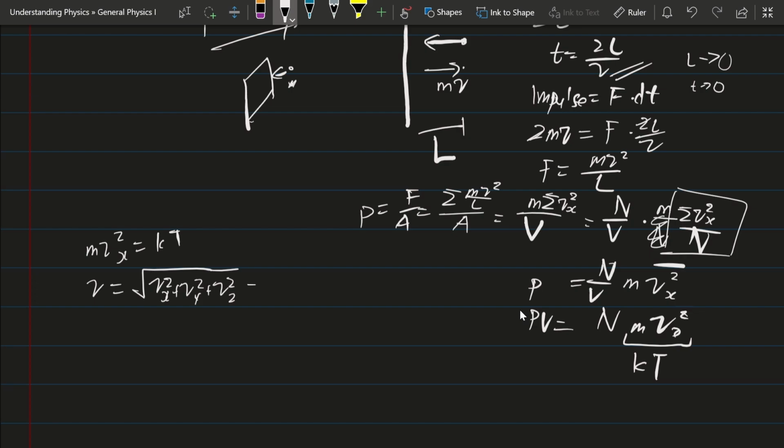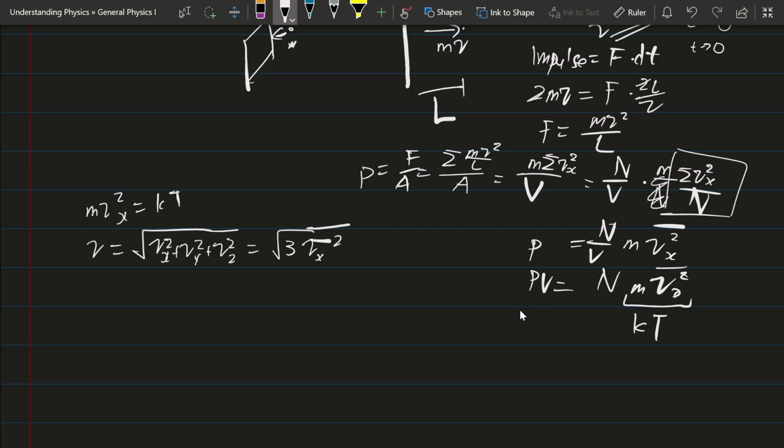So you could just state this to be the square root of 3 Vx bar squared. So that's interesting for you to look at. Oh sorry, that should be a bar. So transforming this, Vx squared bar would be equal to V squared over 3.